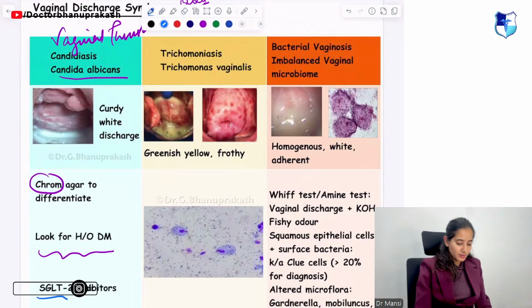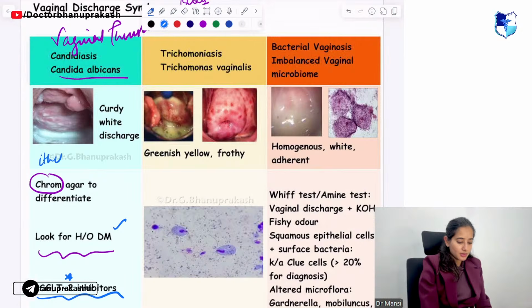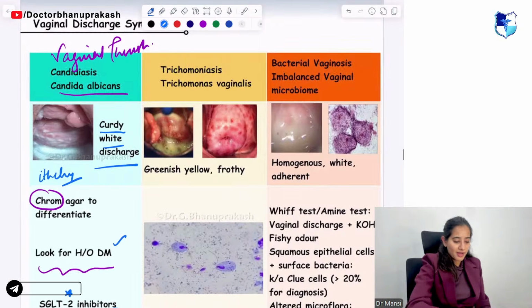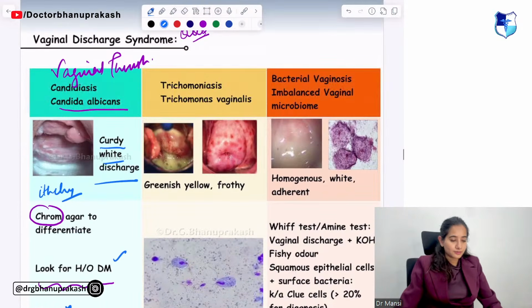So look for SGLT2 inhibitors and diabetes history. That will help you to make the diagnosis of candidiasis. And this is a very itchy condition. They will have a lot of vaginal itching, and of course, everyone knows this. There's a very common fact that curdy white discharge is seen in candidiasis.